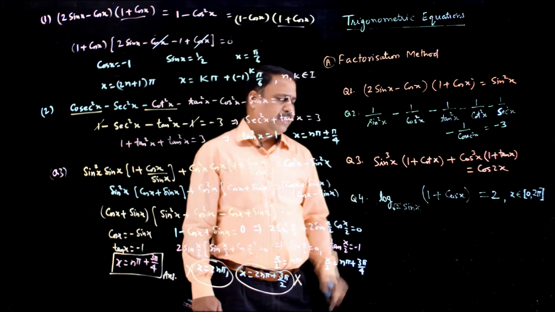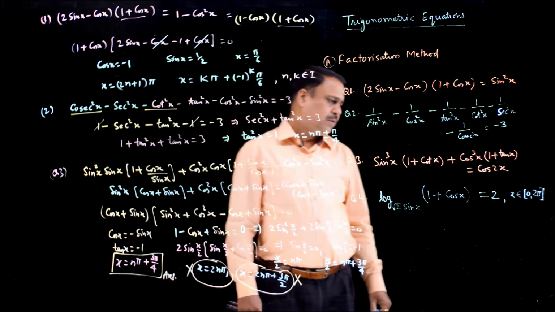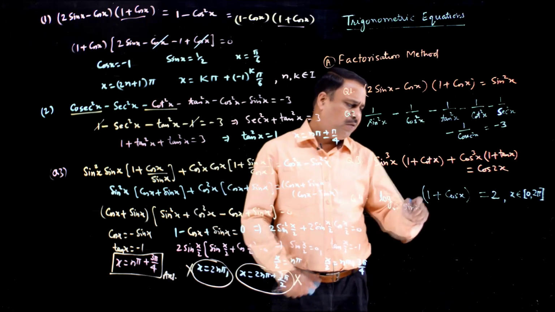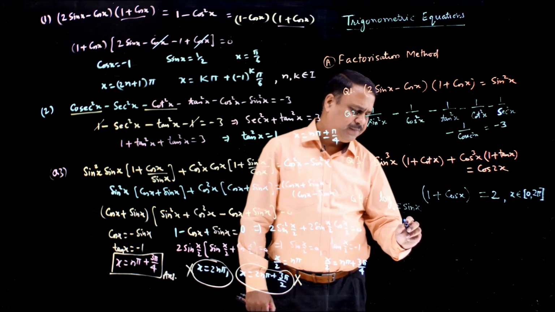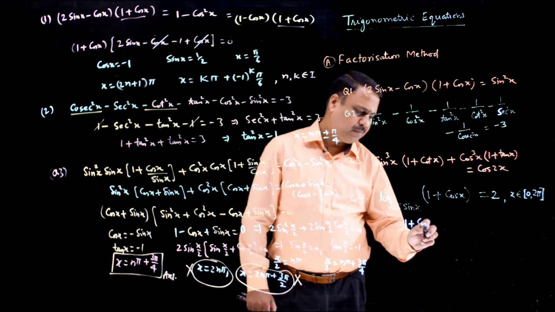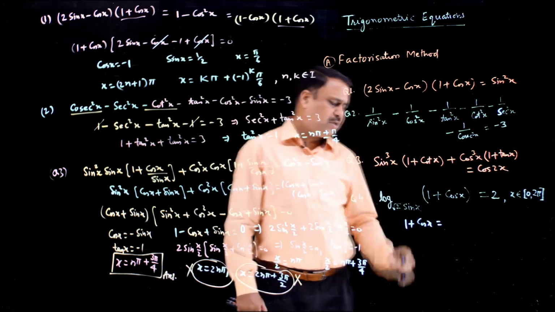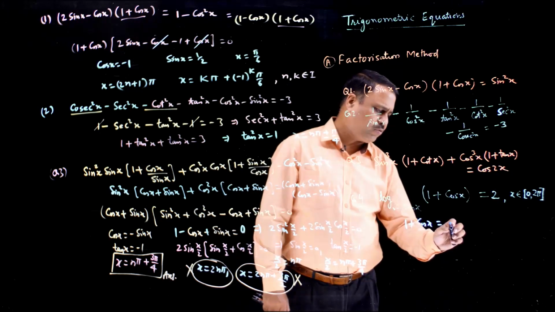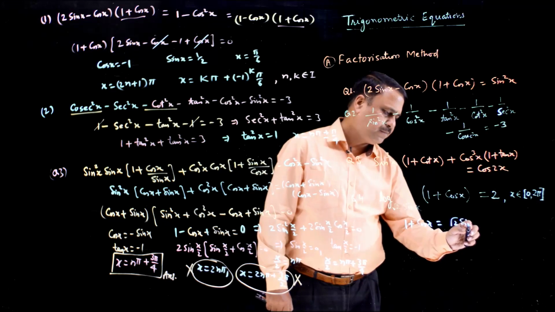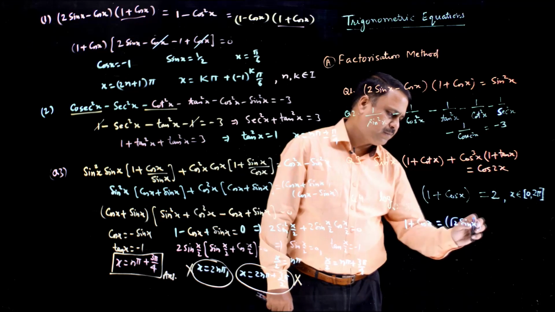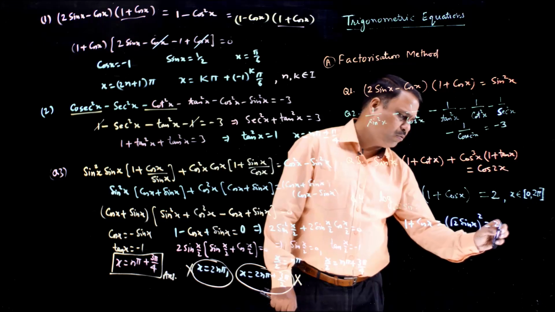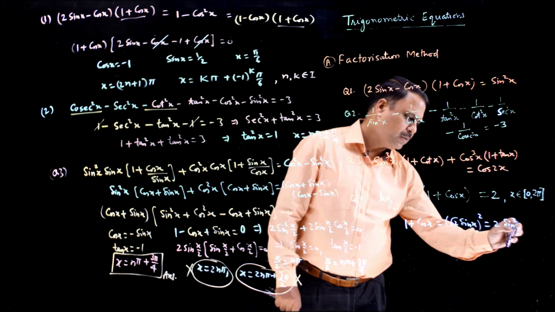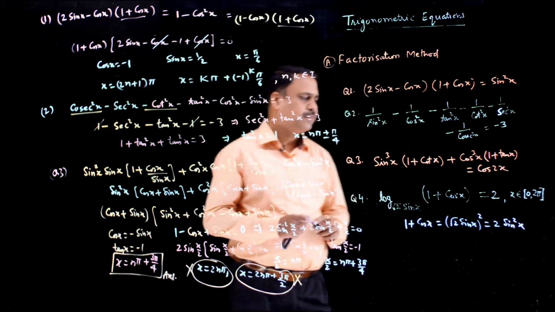And under root 2 sin x, 1 plus cos x is equal to, so now we can write 1 plus cos x is equal to under root 2 sin x whole square. So this is equal to 2 sin square x.